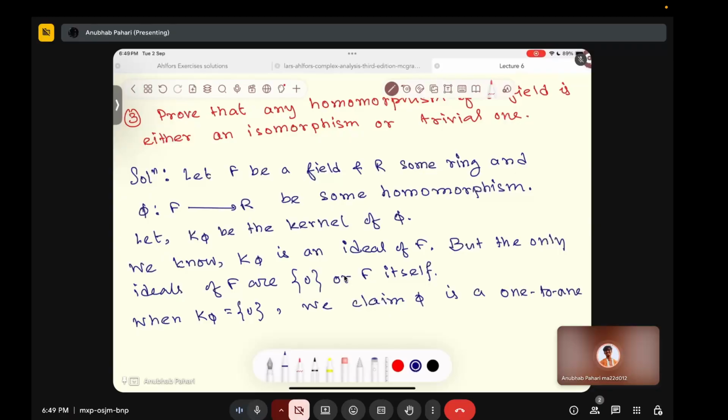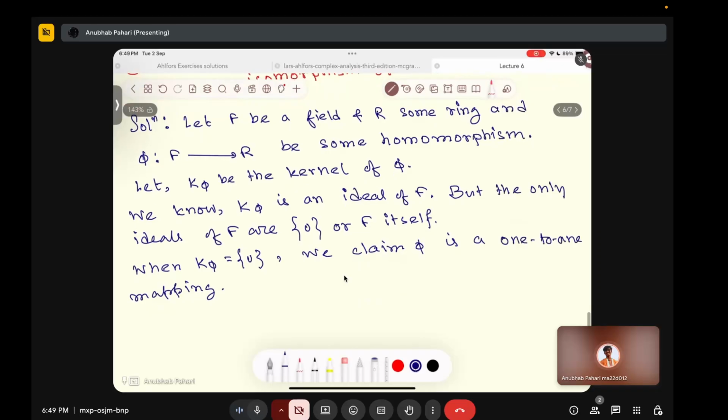This is true from the first isomorphism theorem of rings.